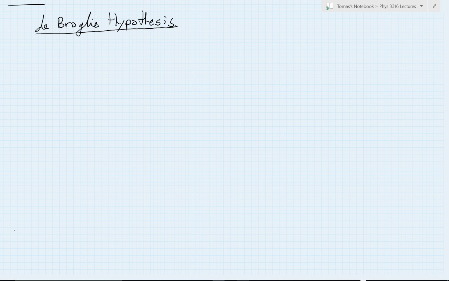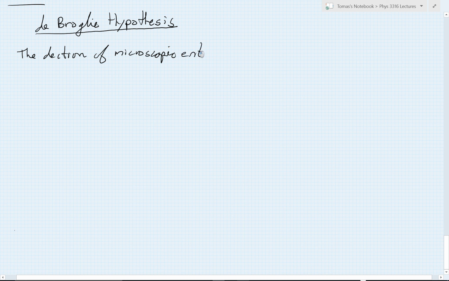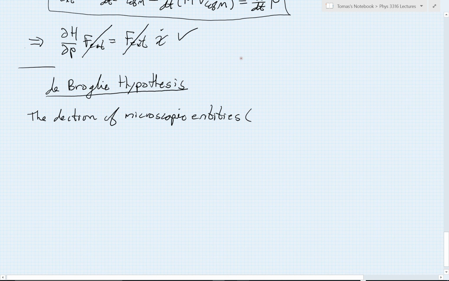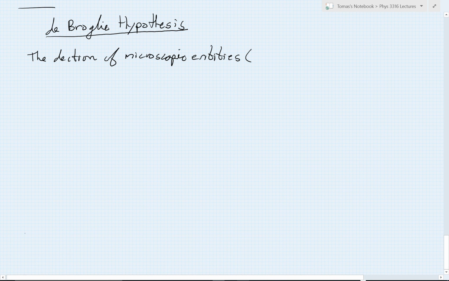What we are saying in the de Broglie hypothesis is the following: the detection of microscopic entities, and these entities could be, our favorite, electrons, they could be photons, they could be nuclei.